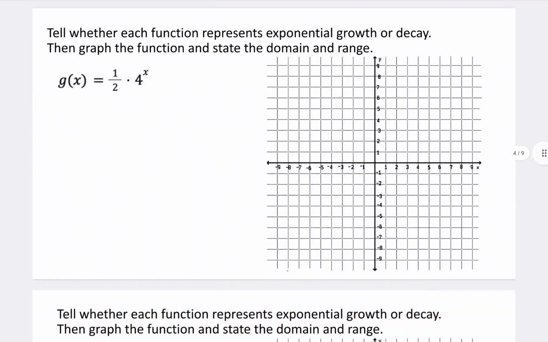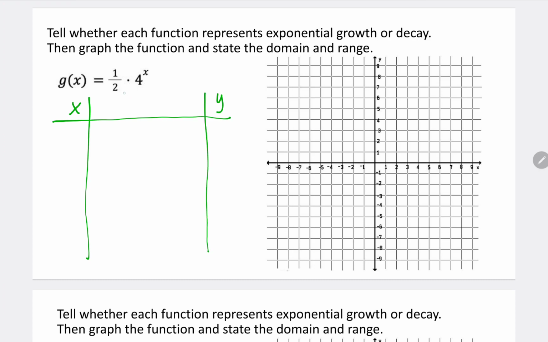Let's try another graph. So I'm going to start by making my XY chart while we talk about whether this is a growth or decay function. So we know it's exponential because the x is in the exponent. And this particular problem is going to be a growth function because the base is 4.